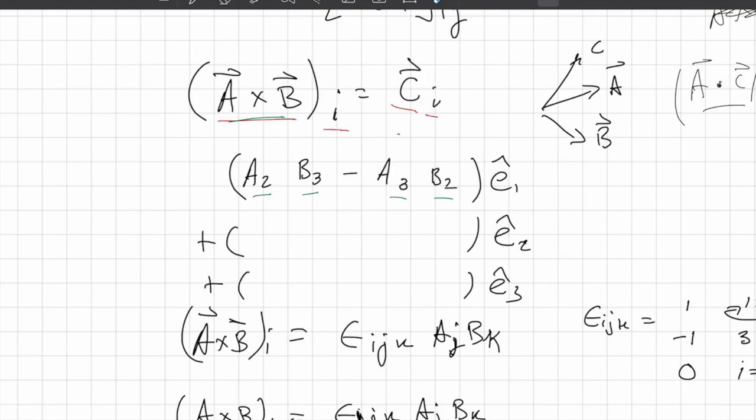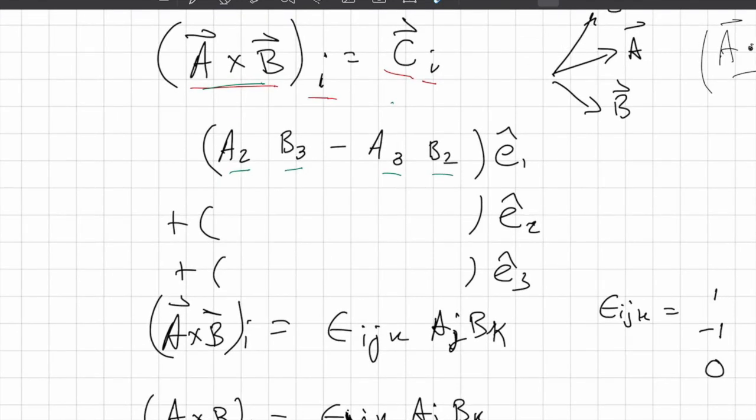Exactly. And that's what epsilon ijk is. You know, it's row, column, depth. Okay. So now we write it as this weird thing here.